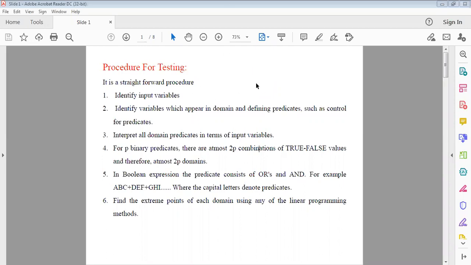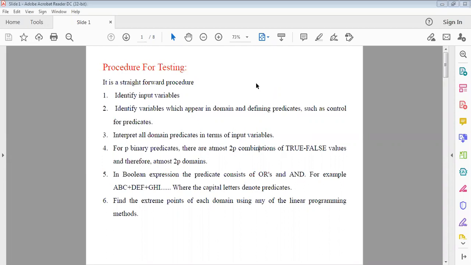Next is identify variables which appear in domains, and define predicates. So which domains contain which predicates has to be identified in the second step. The third one is that these predicates have to be used on domains. For example, you are taking the condition x greater than 2. So x is the domain, and this x contains some input values.